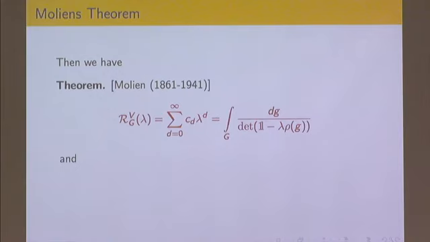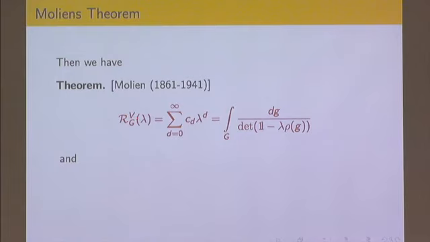So he did the following. You write down a series where you write the coefficients c_d, you introduce a dummy variable lambda, and so you look at this series sum c_d lambda^d. And for this series, I write R_{G,V}(lambda). The R is because these functions form a ring, for those who are interested in some algebra. V is a representation space, G is my group, and lambda is a dummy variable.